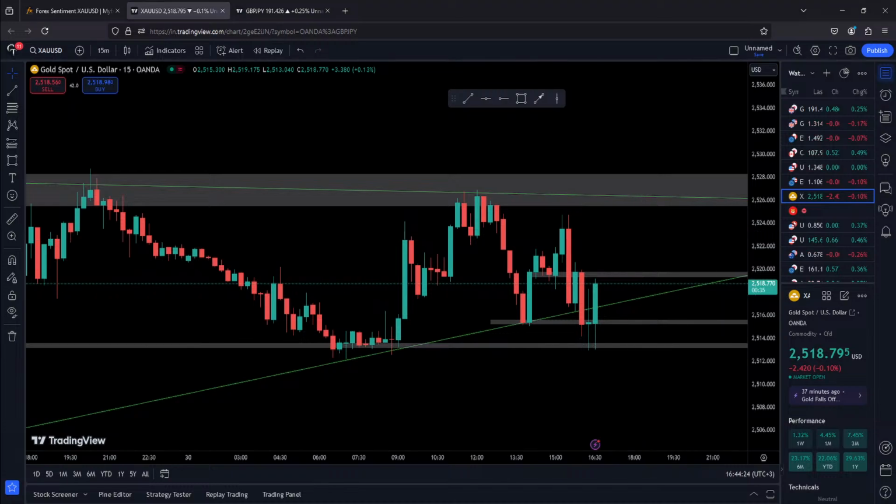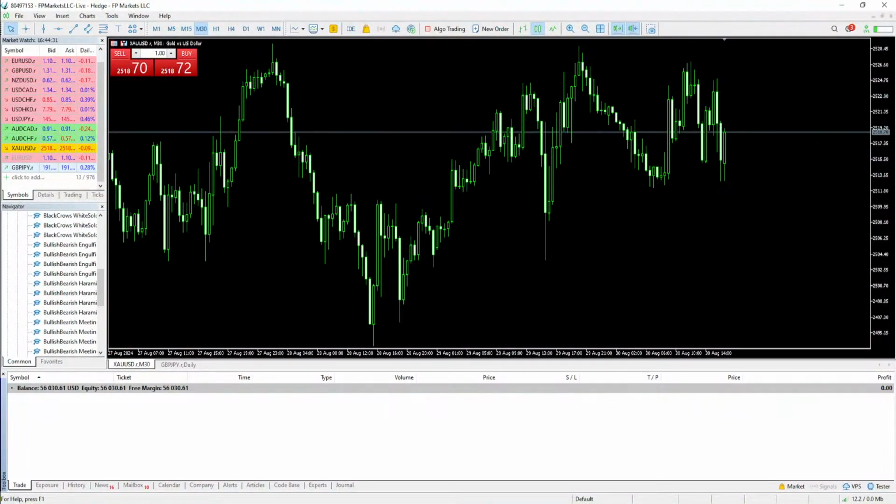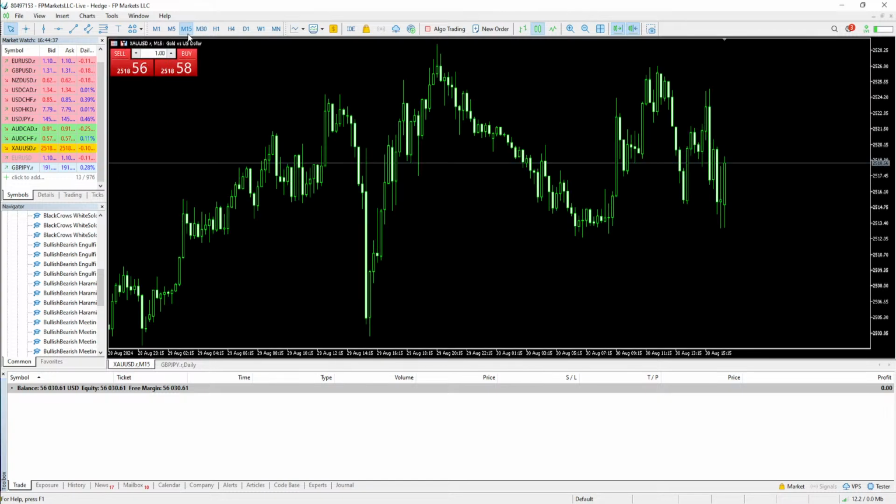So let's go back to the terminal, and over here, gold, 15-minute time frame. I'm going to switch the lots to 0.5. Now another thing, guys, I will only take 2% risk of my money.